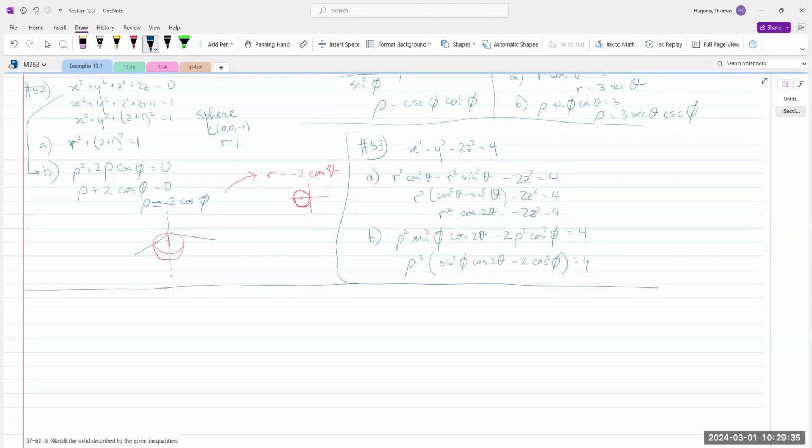What does this look like? This looks like x squared minus y squared plus 2z squared equals 4. What does it look like?